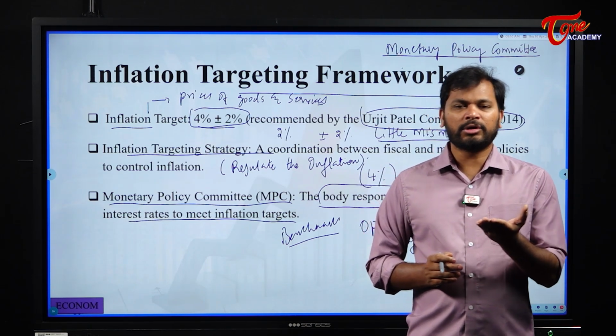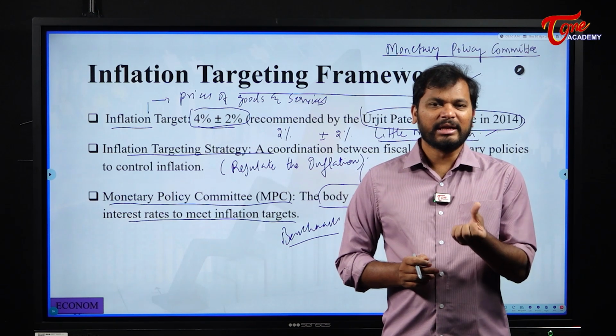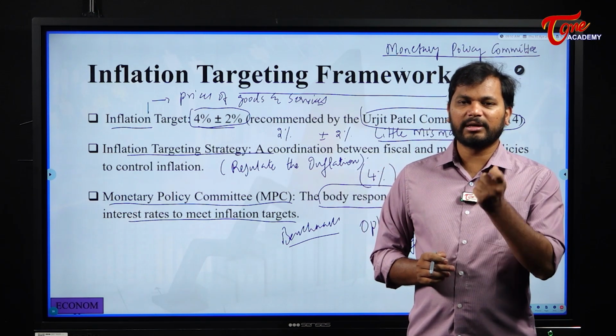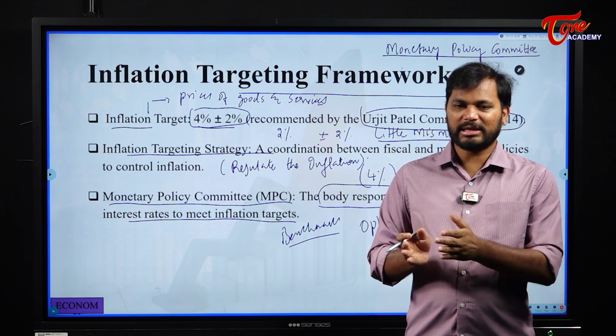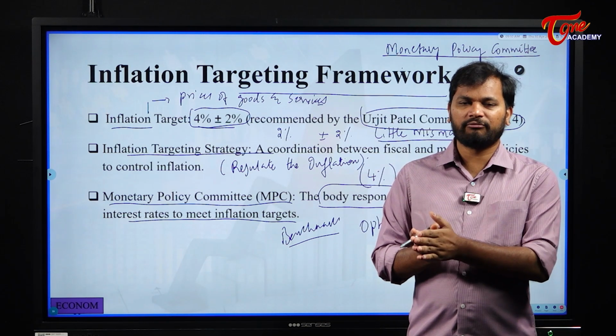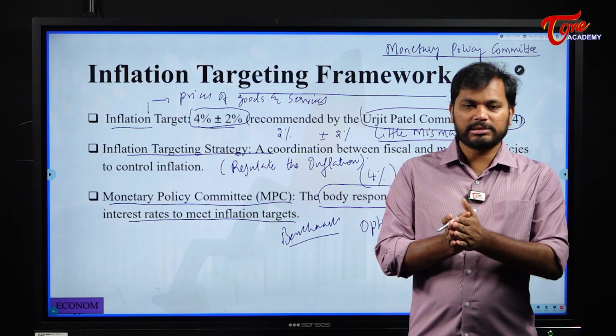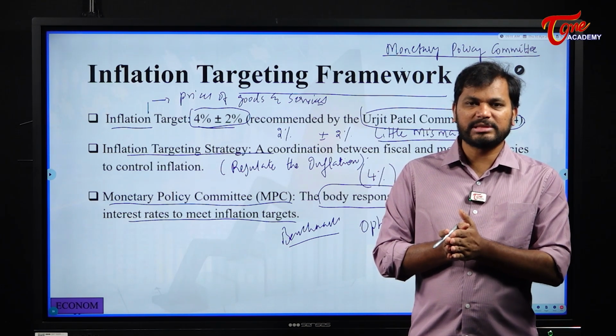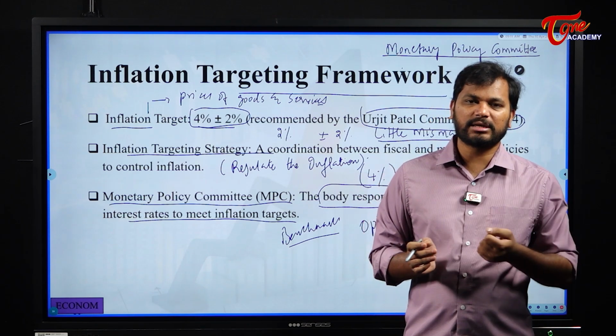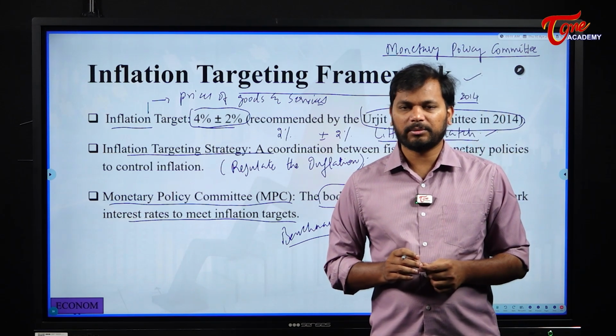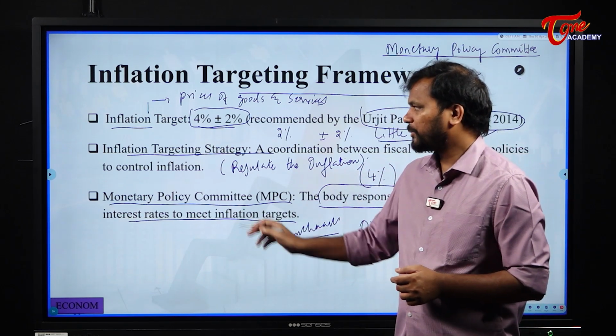The amount of money held by the public can be increased or decreased to regulate inflation. To facilitate the circulation of money, the expansionary monetary policy can be promoted, or to decrease the circulation of money, the contractionary monetary policy can be followed through the Monetary Policy Committee.